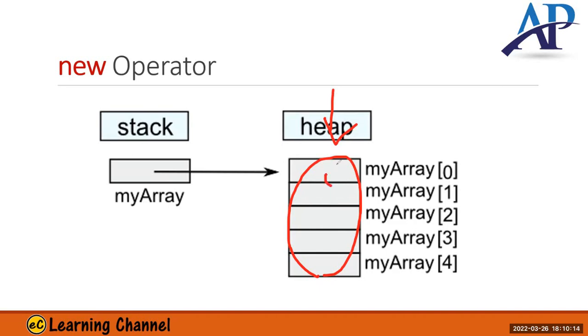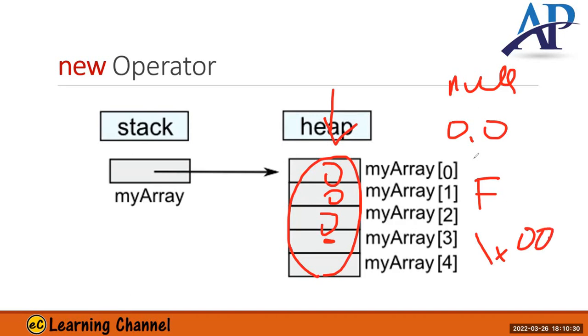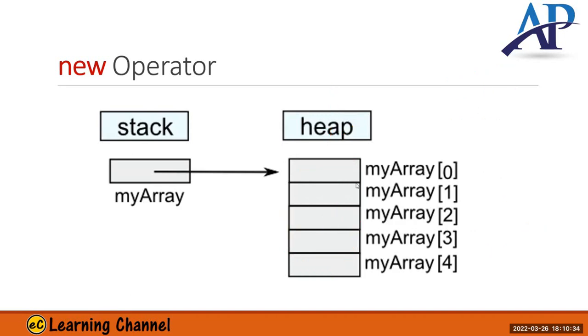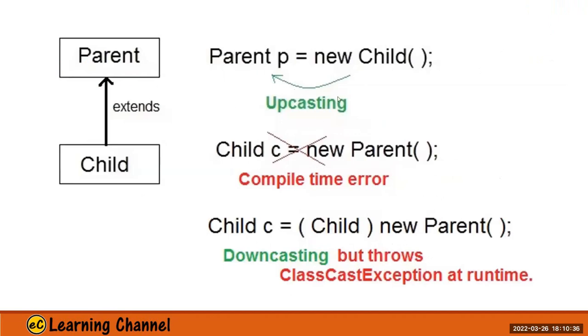And the initial value will be all zeros. If it's double, you will store 0.0. If it's a reference data type, you will assign null to it. If it is Boolean data type, you assign false to it. If it's character, you will assign the character 0 to it, okay? So this is about the new operator.